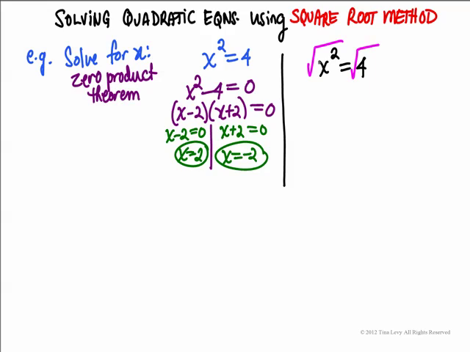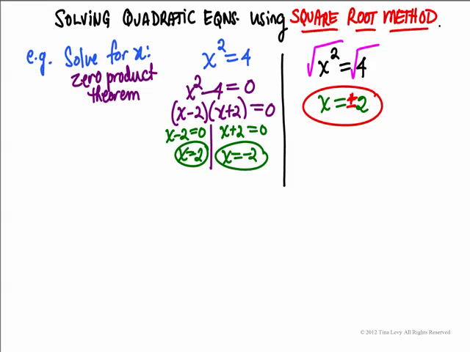Square root of x squared gives us x, so x is square root of 4, which is 2. But with this square root method, we know we're going to have both a positive and a negative, because both a positive and negative when squared would give us 4. So we put plus or minus in front, and that gives us our solutions in a very quick way. And this is called the square root method.